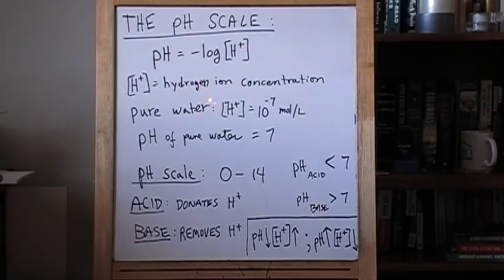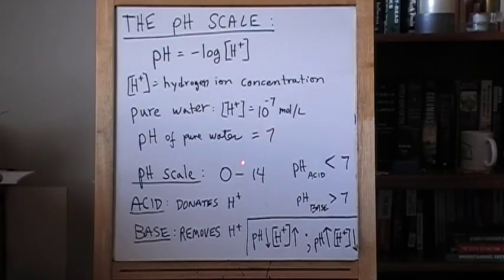When you have pure water, the hydrogen ion concentration is 10 to the minus 7 mole per liter. If we take the logarithm and put a negative sign, then we're just taking the exponent and changing the sign of the exponent. And so the pH of pure water is 7.